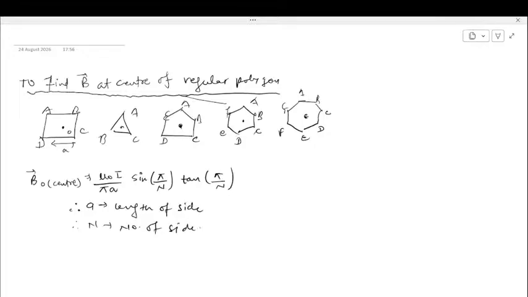Magnetic field at point O is equal to mu naught n I upon pi A, sin pi by n tan pi by n, where n is the number of sides.